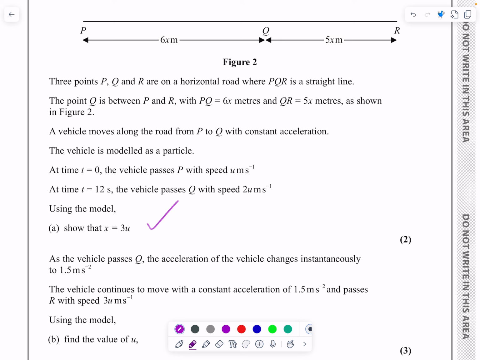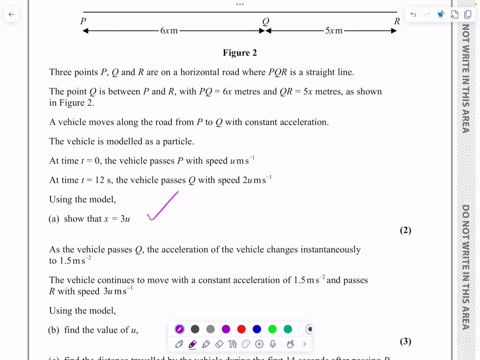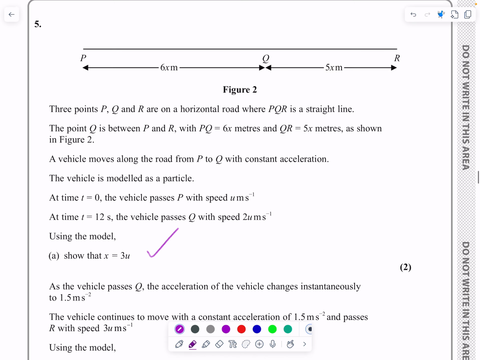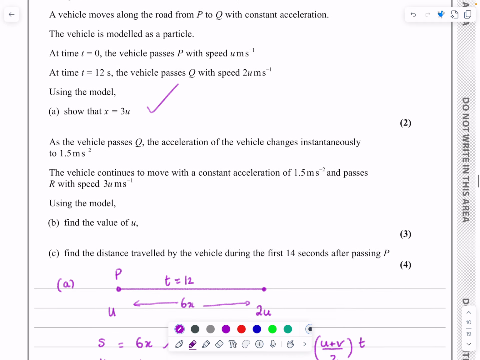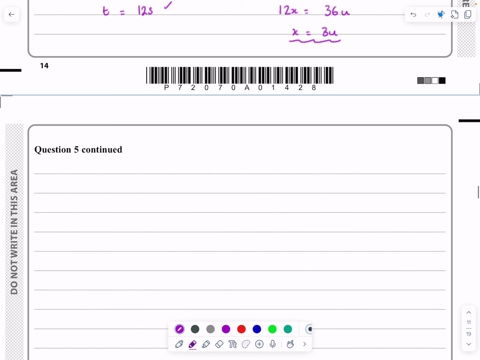Okay, second part, it then says, as the particle passes through Q, acceleration changes instantaneously. I won't make a comment about how it does that, but to 1.5 meters per second squared. It continues to move with the acceleration and passes through R, this time with a speed of 3u. Can we find out what u is?